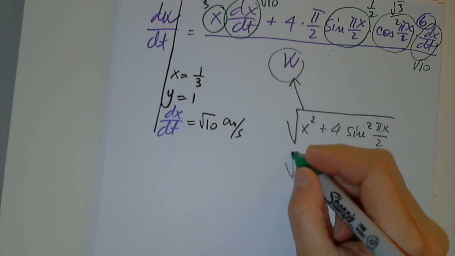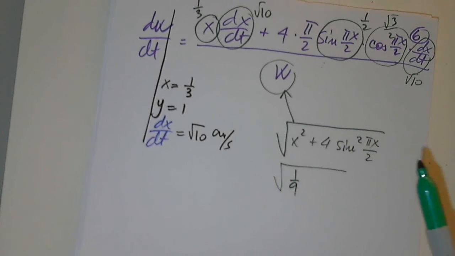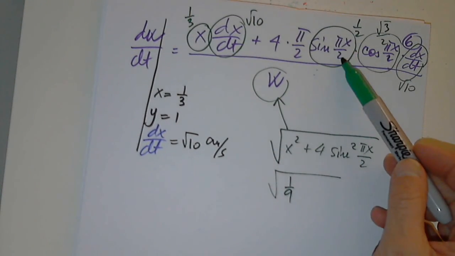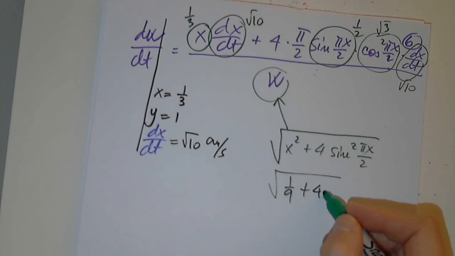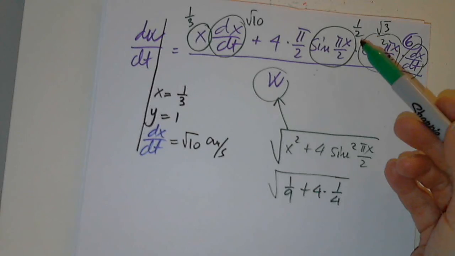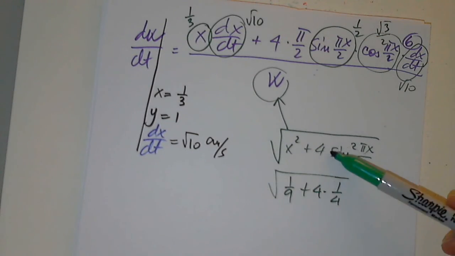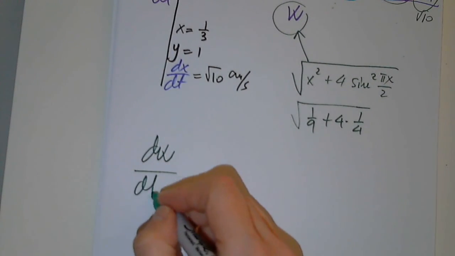So this will be the square root of 1 over 3 squared, which is 1 over 9. Sine pi over 2 is 1/2, but squared will be 4. So plus 4 times 1 over 4. That was 1/2. We squared is 1/4, and then 4 in front. I'm going to write everything one more time because it looks messy.